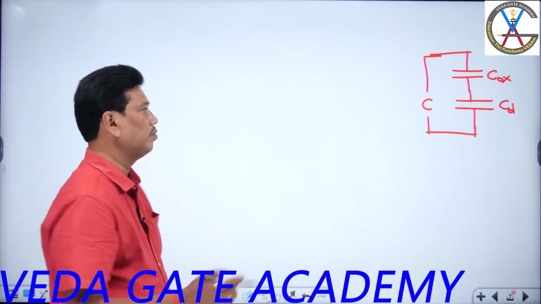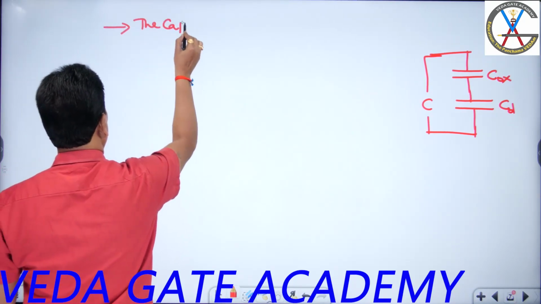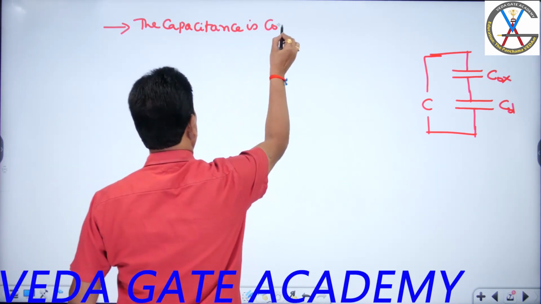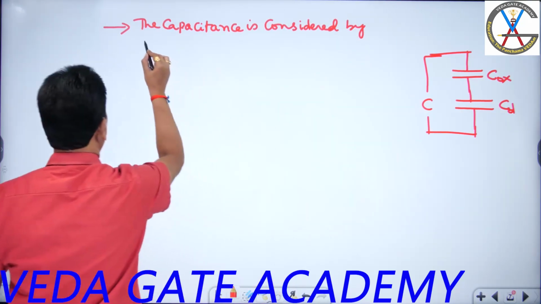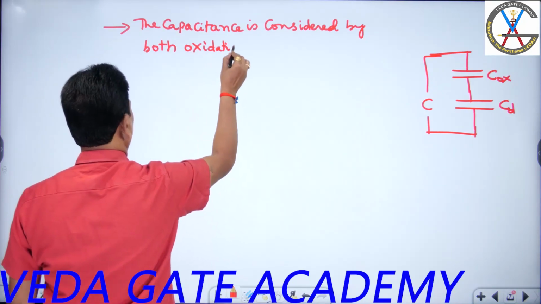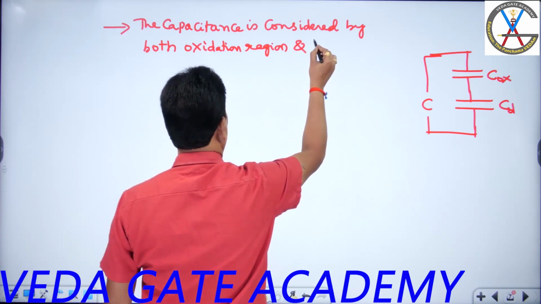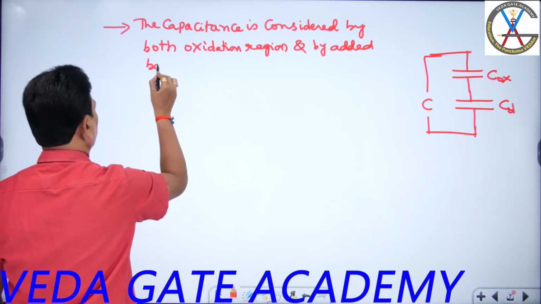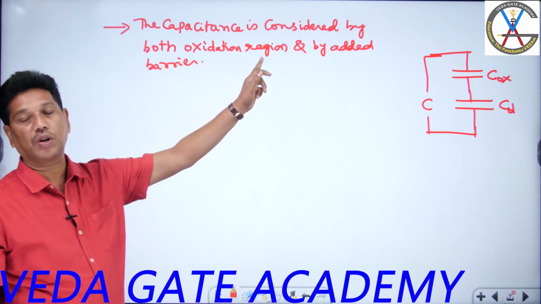Okay. So now you can examine the capacitance considered by both the oxidation region and the added barrier effect. So both things are considered. The capacitance is considered by both the oxidation region and what, sir?